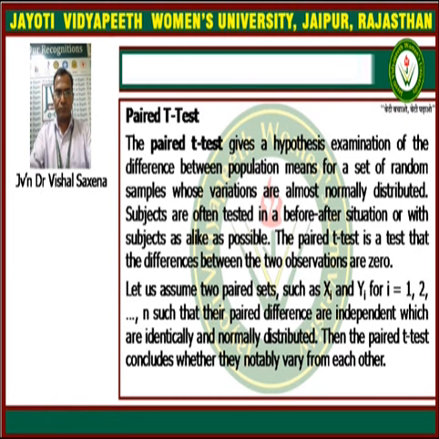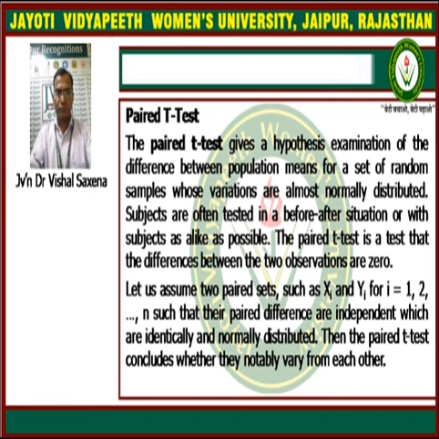The subjects are often tested in a before-after situation or with subjects as alike as possible. The paired t-test is a test that the differences between the two observations are 0. We have explained previously that the main objective of this test is to determine whether the differences between the two observations are 0.